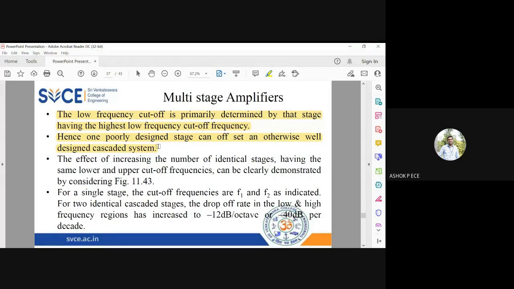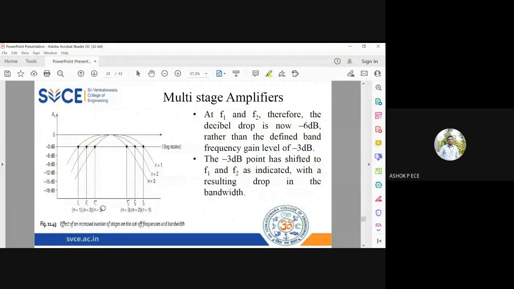Now, the effect of increasing the number of stages, and what the upper cutoff frequency and lower cutoff frequency become, are shown in figure 11.43. This is one single amplifier; you can see how broad the gain is.